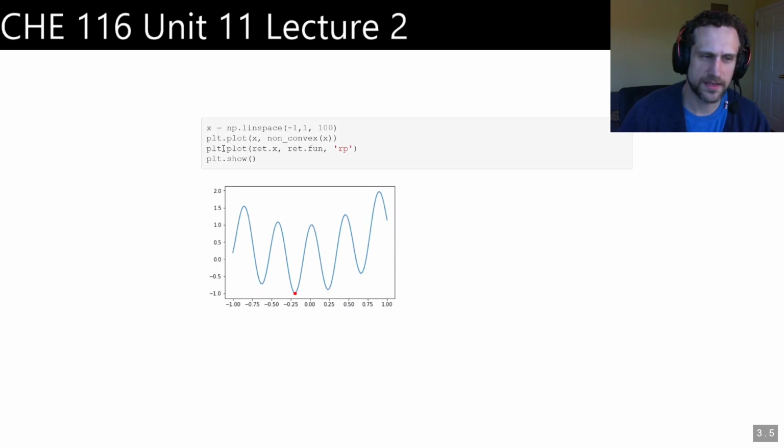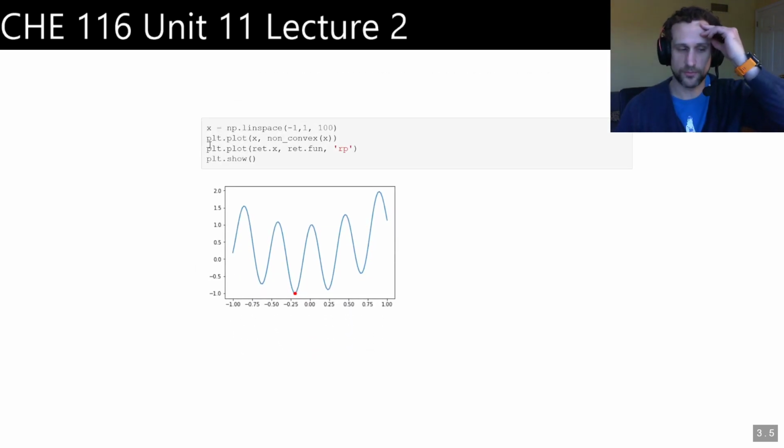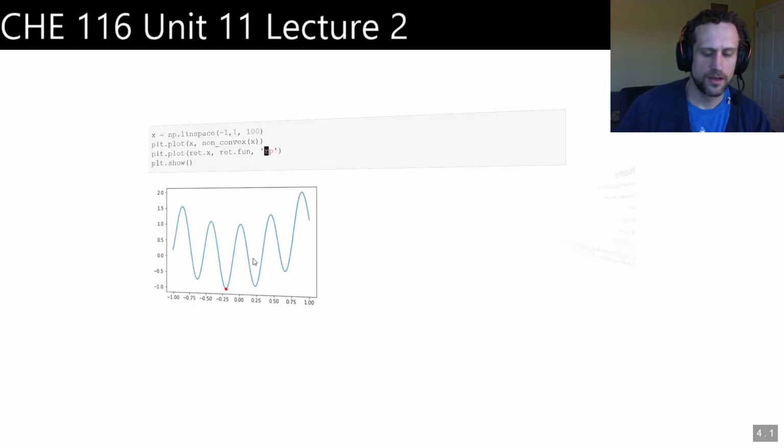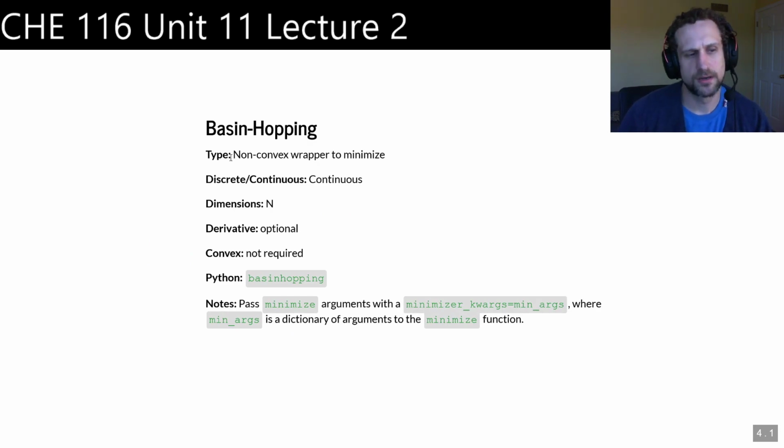One of the things I'm going to do in this lecture is plot little red dots showing the global minima. The way I do that is I call plot, and I just give it the x value and the value of the function that was returned. And then I make a red point there, so that just shows you where it found it. So that's all we're going to look at for now with basin hopping. Essentially, all you do is you call basin hopping, and then you just add an niter on top of it.